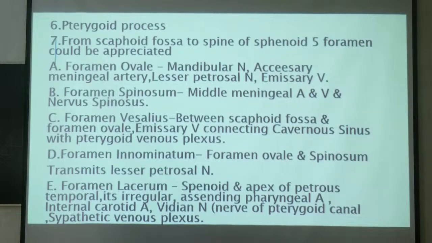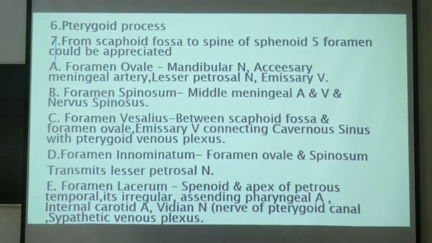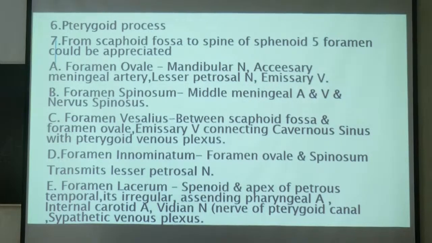Then the foramen vesalii, write it down. Another foramen, that is known as foramen vesalii, between the scaphoid fossa and the foramen ovale. And this foramen vesalii is very important because it connects the intracranial venous sinus, the cavernous sinus.